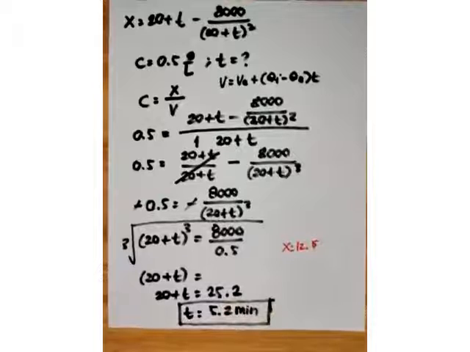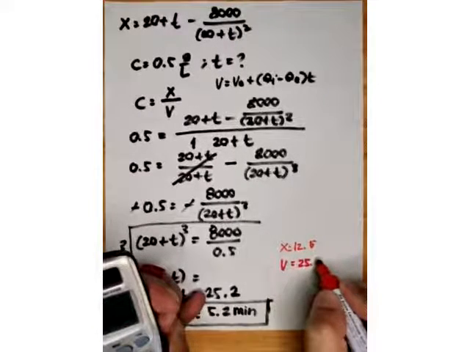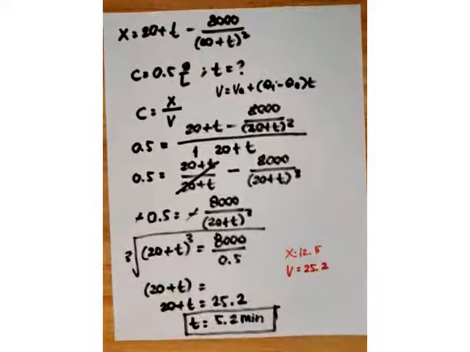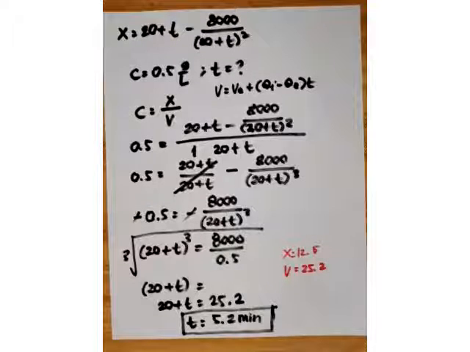Okay, and then you compute for the volume. So it's 20 plus 5.2, so that's 25.2. So divide 12.6 by that. Okay, so the answer is 0.5. 1/2. Sakto. Okay, so that's the answer.